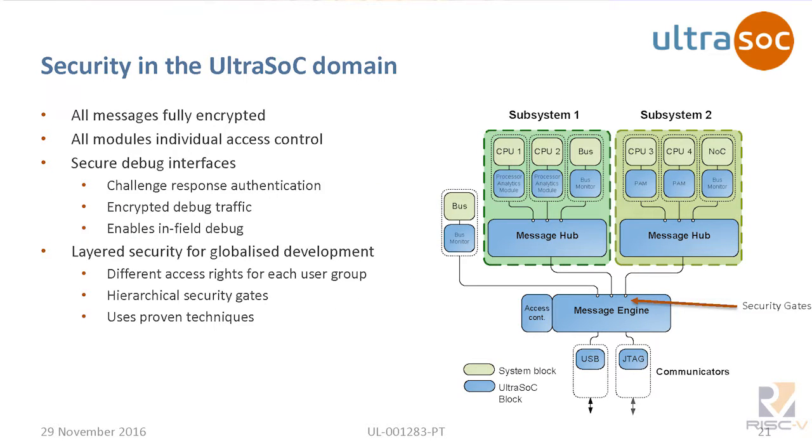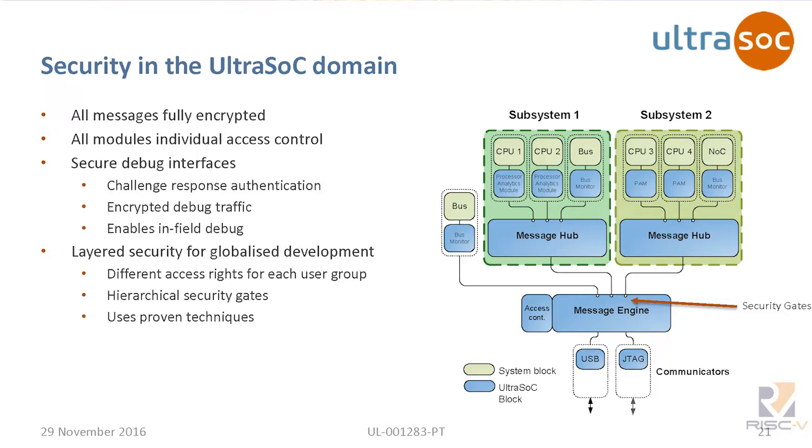On security, I mentioned there's a secure route into the system. I also showed earlier that the message passing infrastructure is one humongous blob. It isn't. It's built up of message nodes or message hubs, and at each root of the node tree, again at RTL time, you can specify to have an access controller.